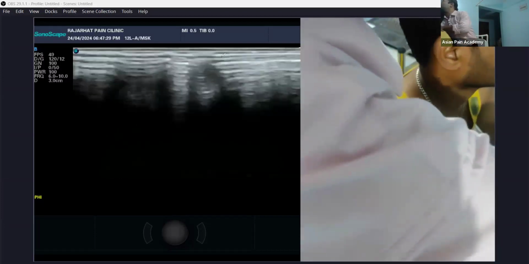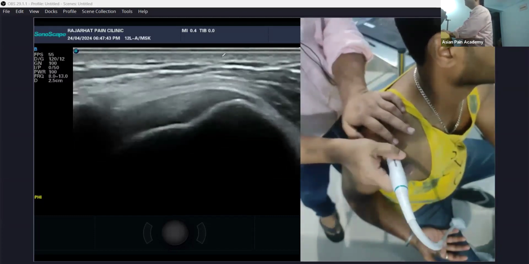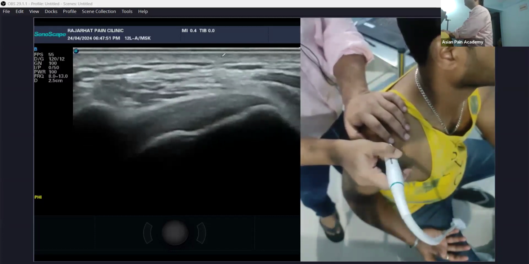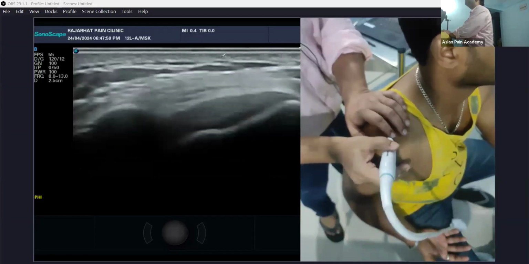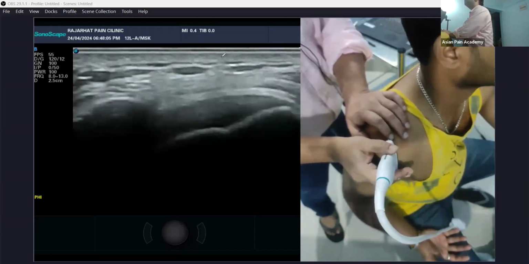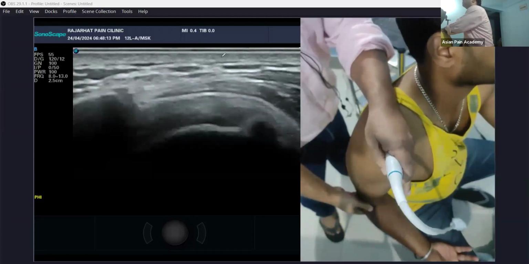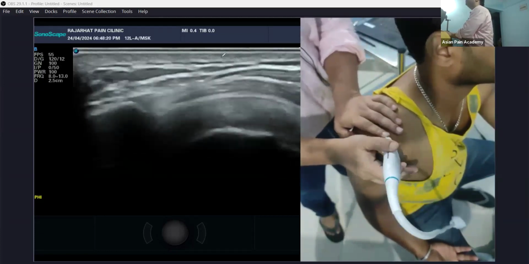I reduce the depth here. Actually, when there is no fluid, it is very difficult to show.